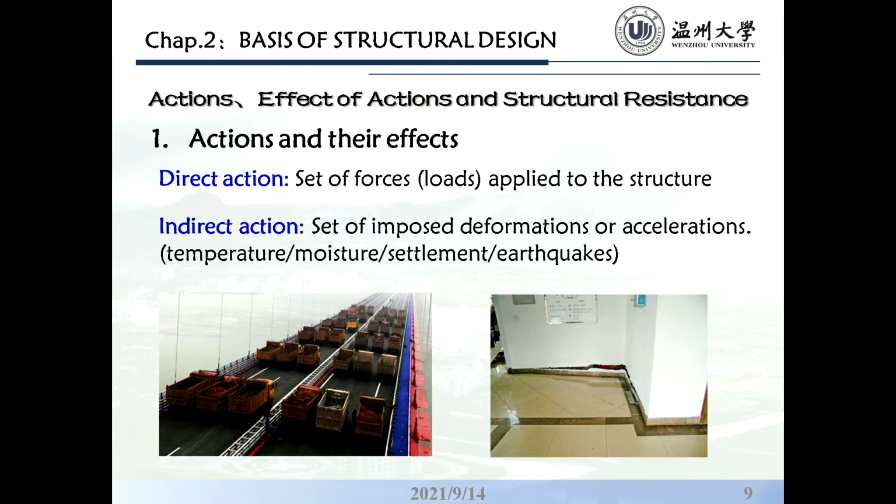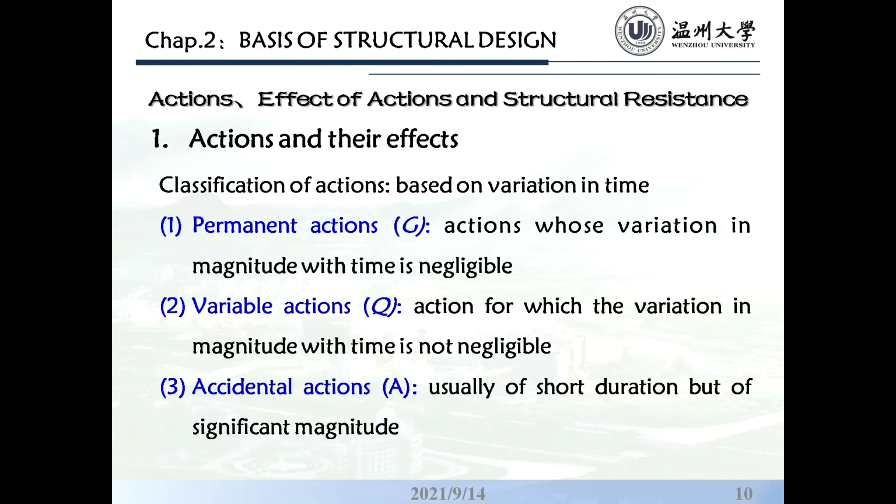They move on the bridge, which means the load will change with time. Not only the magnitude, it also varies with the place. We can regard this type of load as a variable load or variable action.